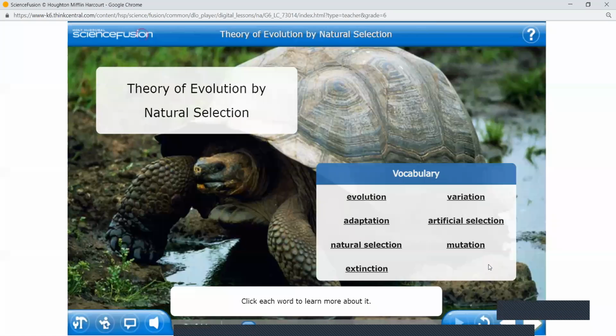Evolution, variation, adaptation, artificial selection, natural selection, mutation, extinction.